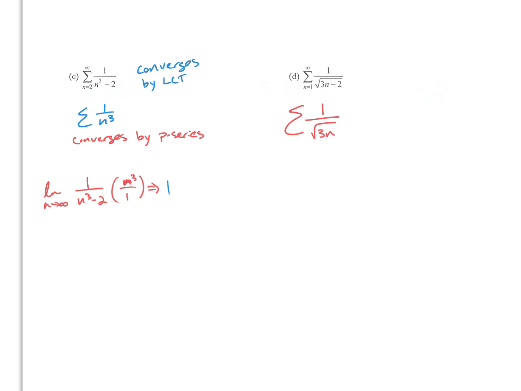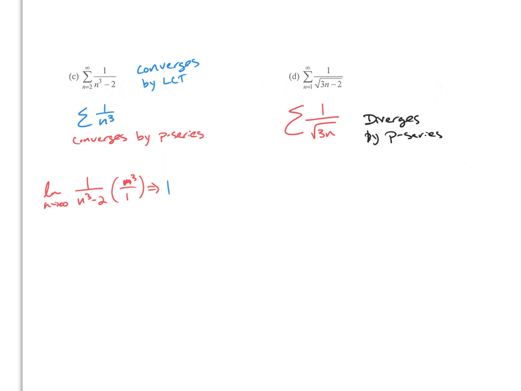What do we know it does? Diverges. Again, in the textbook, it would just compare it to 1 over square root n. I think you just keep the constant multiple. So it diverges why? By p series.